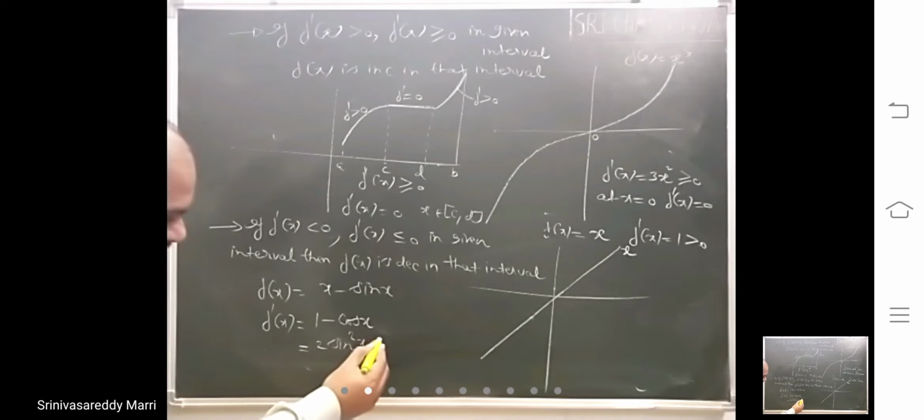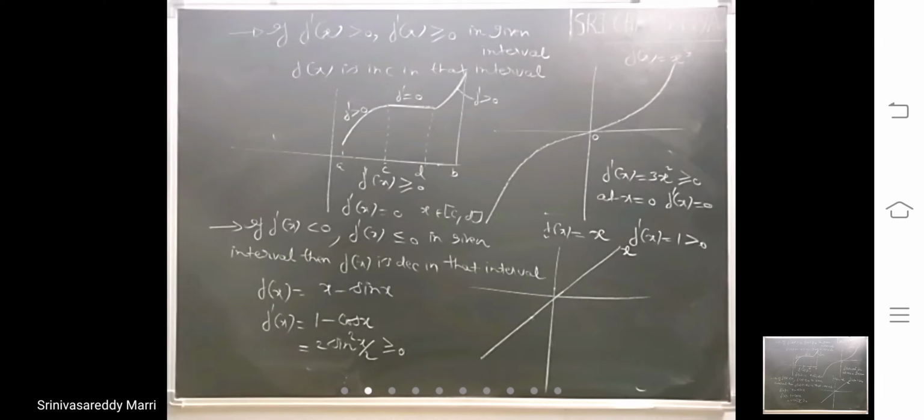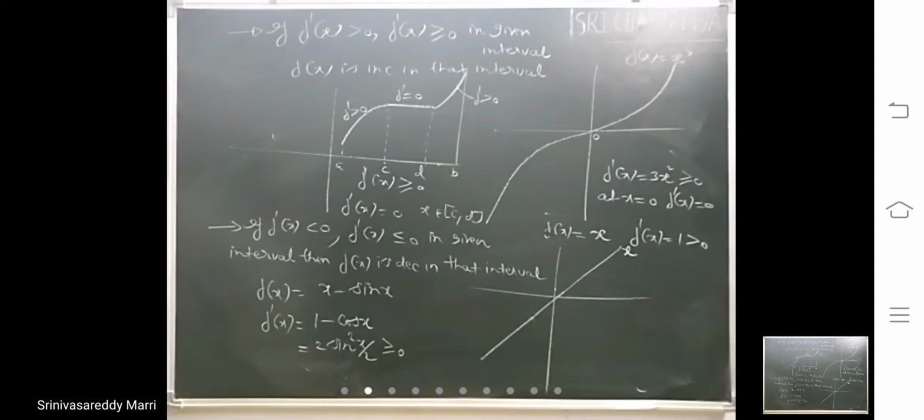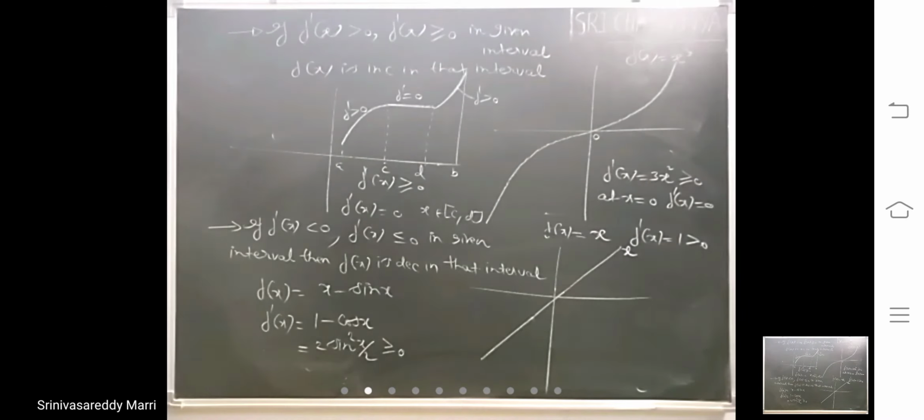This is a perfect square, so directly you can say it is always positive. Always positive means no need to write the sign diagram; it is decided here itself. Therefore, f of x is increasing for all x belongs to R. Directly you can write.